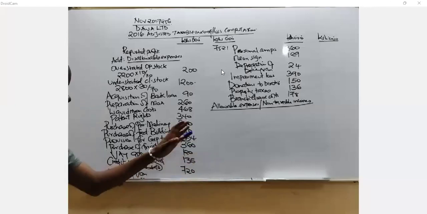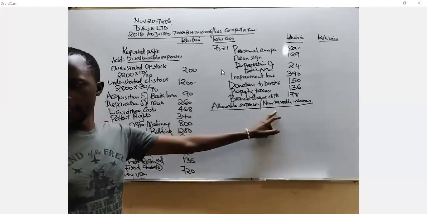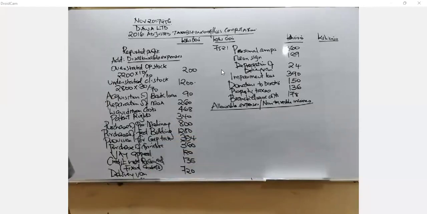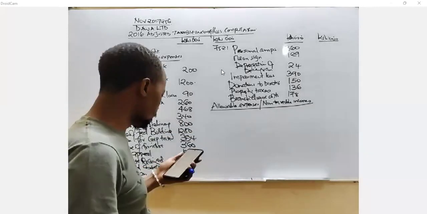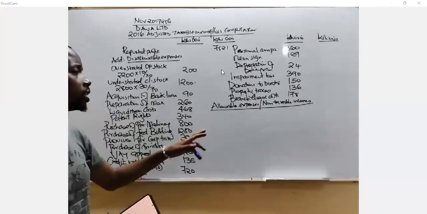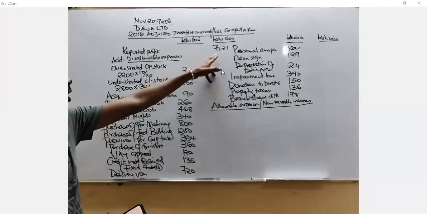So let us proceed. I said earlier that when we are dealing with non-taxable incomes, they have already been put up there. When you look at that income statement, we have been told there is an addition of other incomes. If they are non-taxable, it means they have already increased the reported profit.